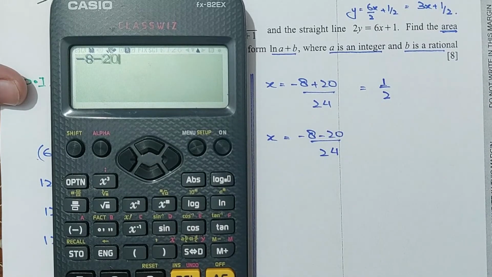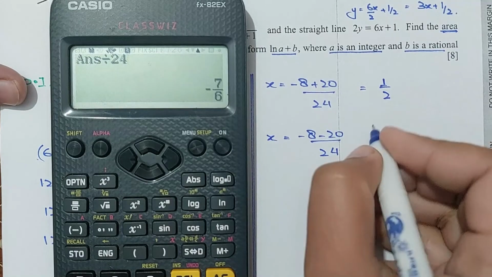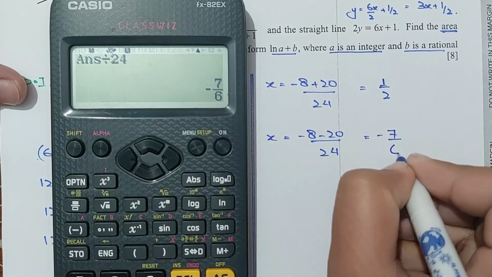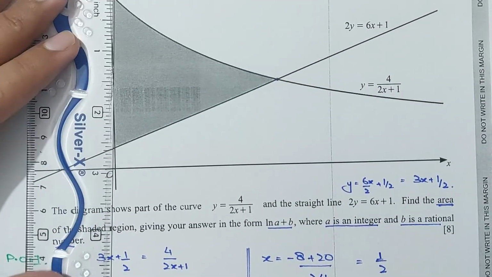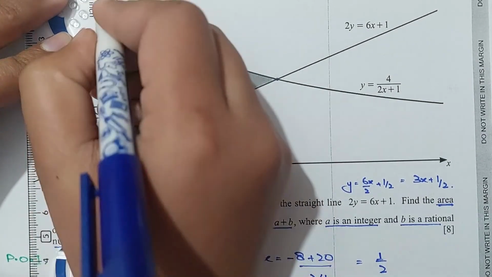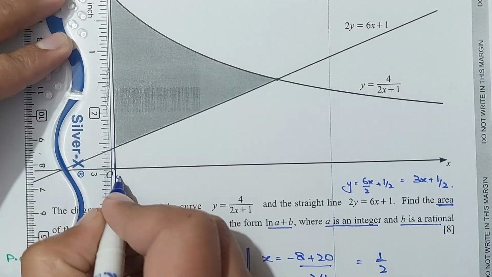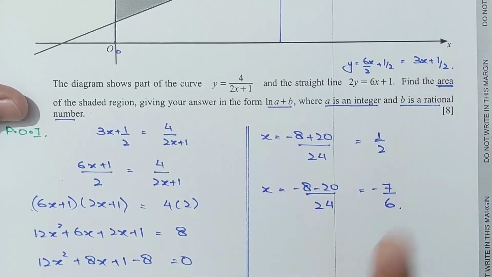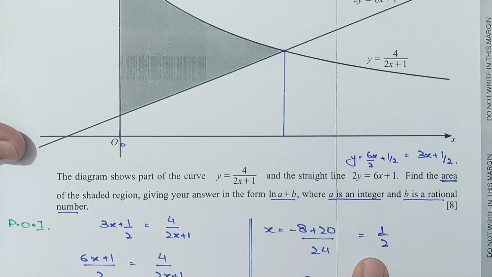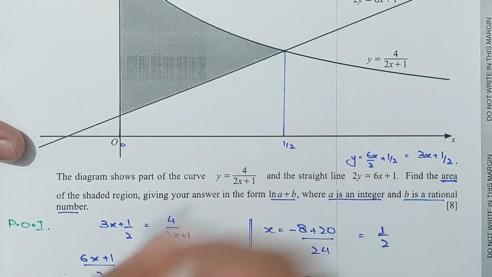Minus 8 minus 20 divided by 24 is minus 7 by 6. Okay. So here you can see x equals 0, and what is this point? Here x should be positive, right? Not the negative one. So this value we are using, which is 1 by 2.